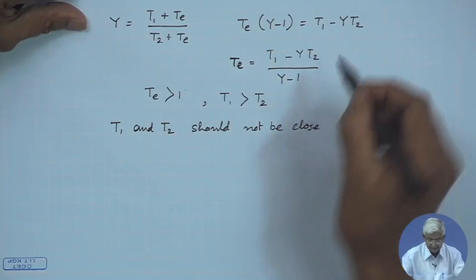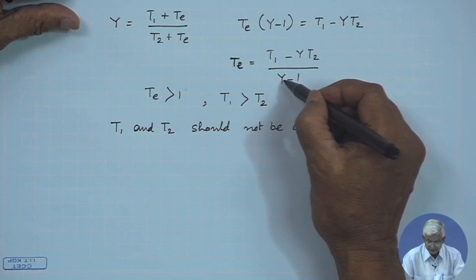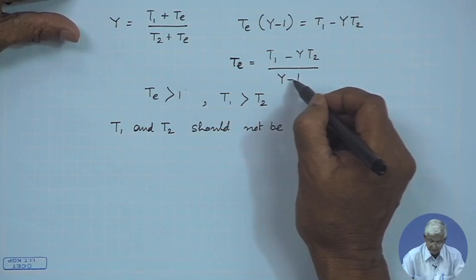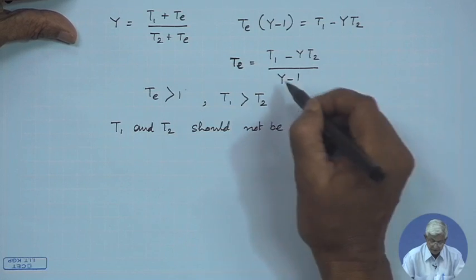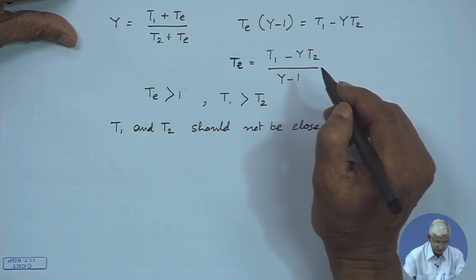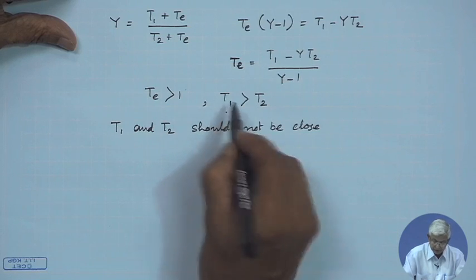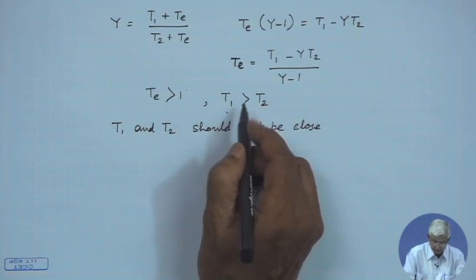In that case, the y will be very near to 1 and the denominator will be very small. So, the accuracy of Te will be lost. Therefore, the T1 and T2, these two are kept far apart.